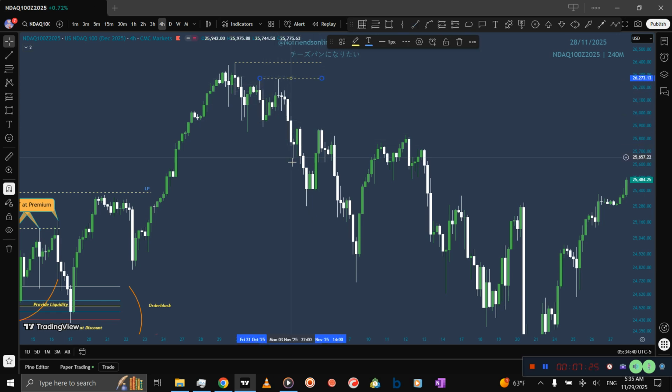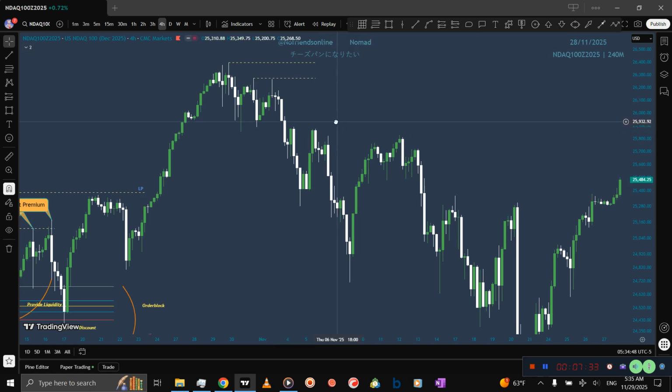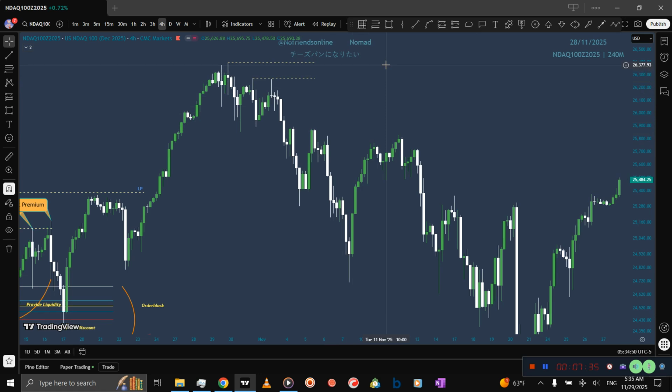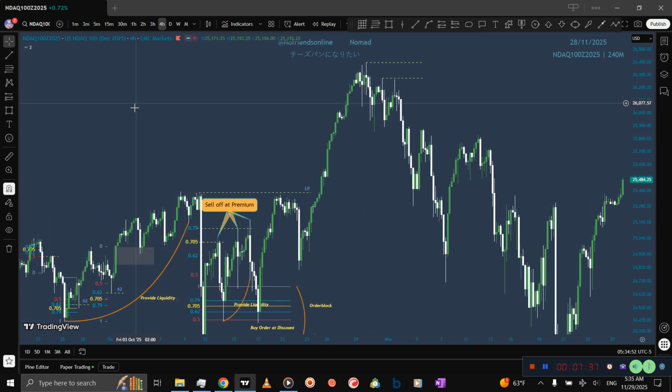We sell off again very deeply and we're going to have another retrace because there is no liquidity like here that we're going to say, okay, we took this high and price gonna reverse again.